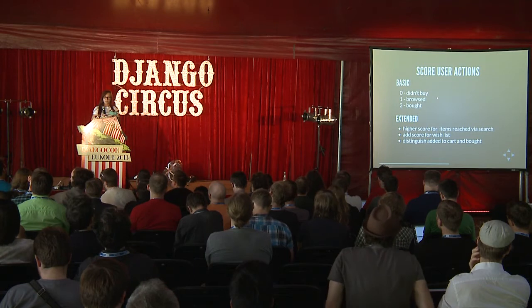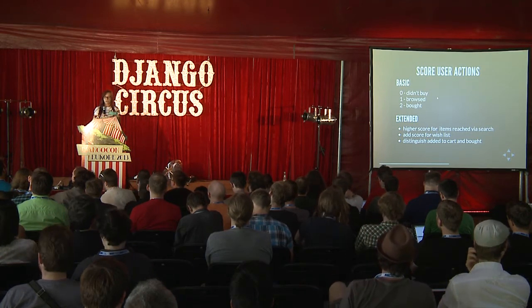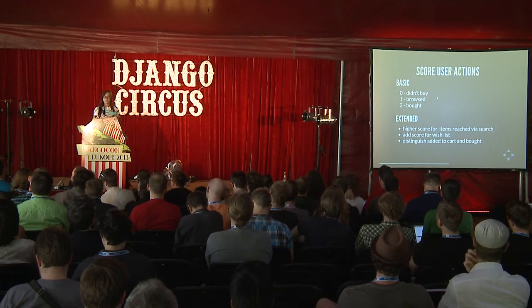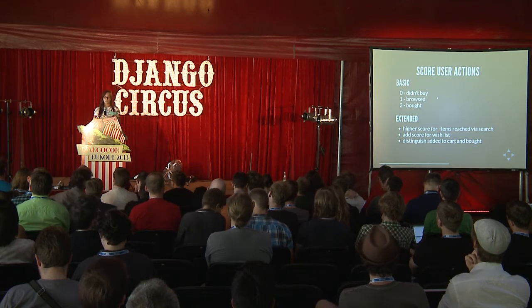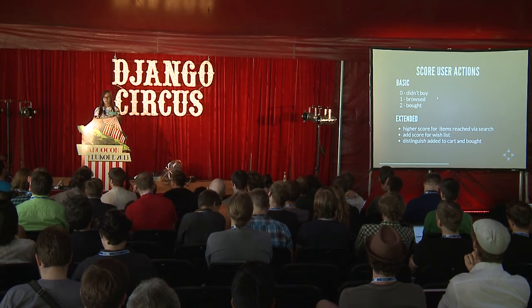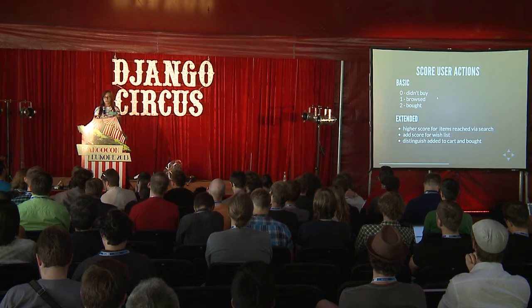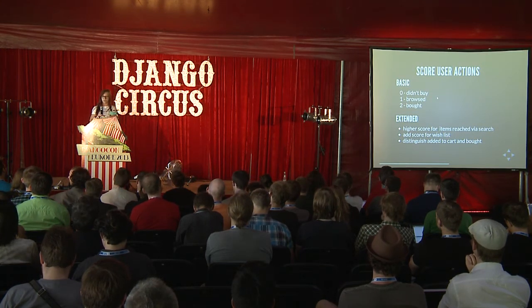We could extend the system by giving higher scores to products that were reached via search, or scoring the elements that were added to wishlist. We just have to remember that all the actions that the user has taken have to be stored somewhere and have to be rated, because this is the only information that we got.